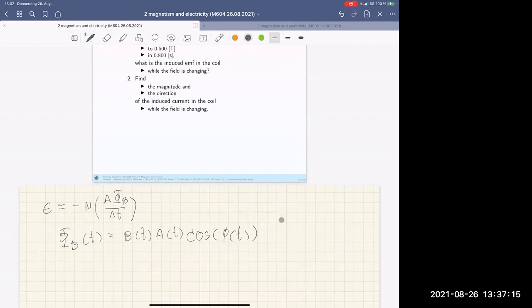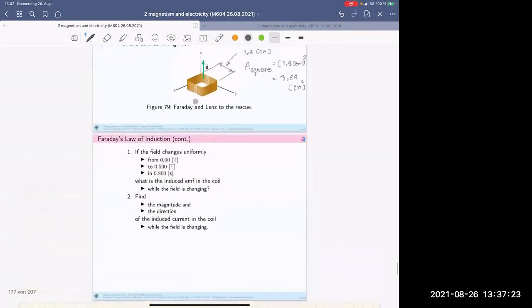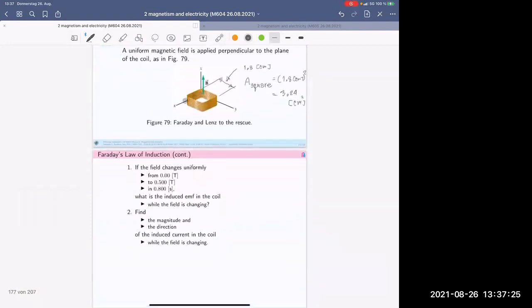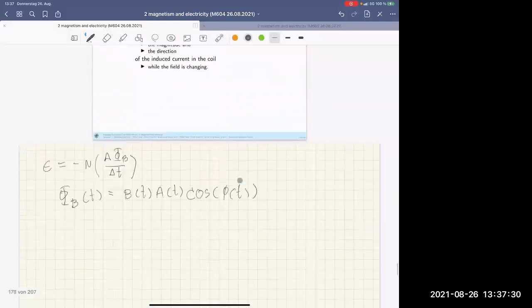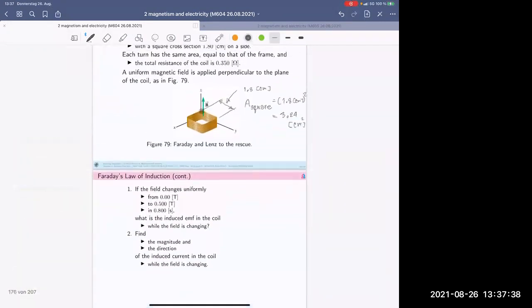So we leave the functional dependence of t to all three variables, and we consider what they provide. There is no change of the area at all, the size of the conductor is the same. So A doesn't depend on time. Simply say A.